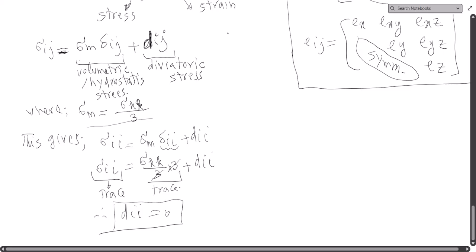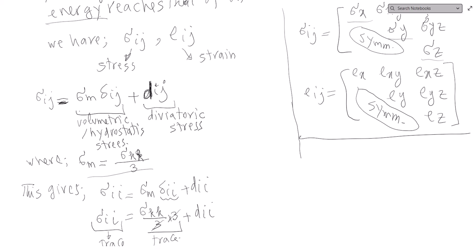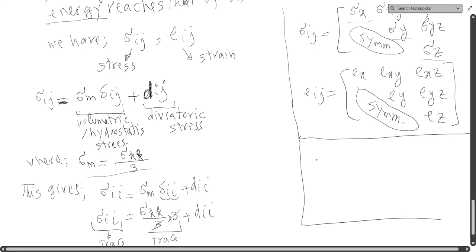It means that the deviatoric stress, which is taken away from the diagonal term, maybe I write here for reference also dij as well.